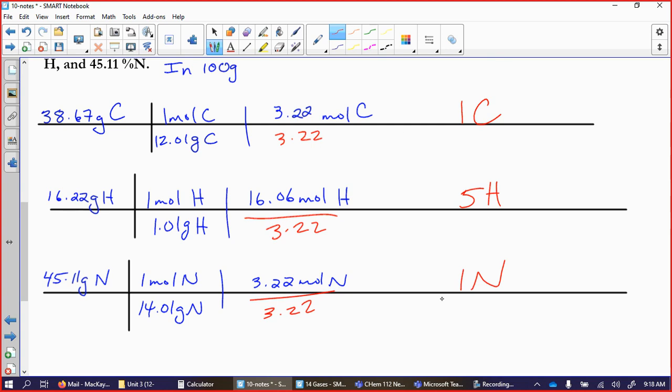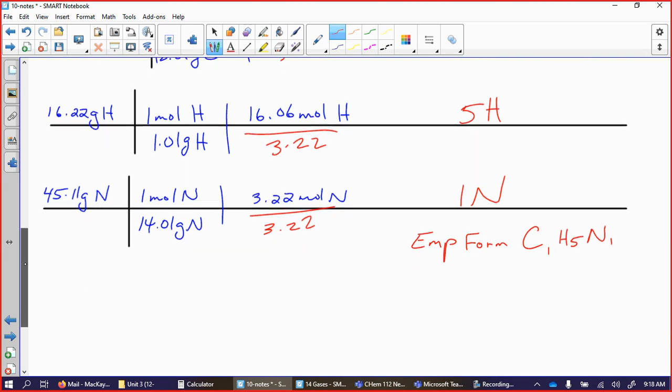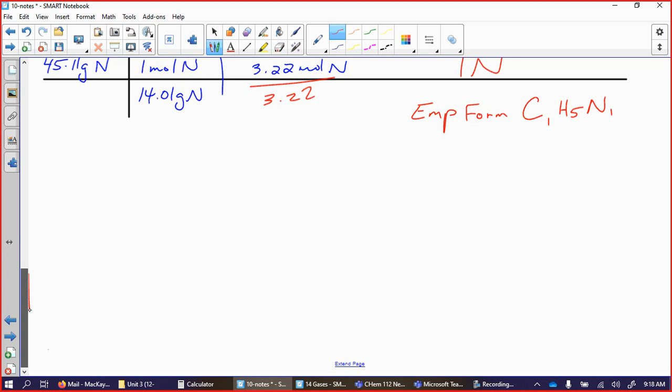So now we have our empirical formula: 1 carbon, 5 hydrogens, and 1 nitrogen.